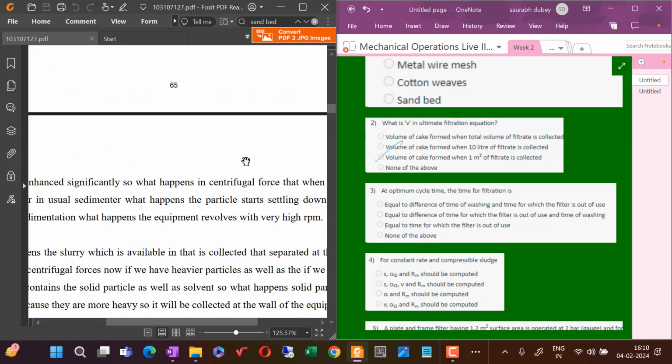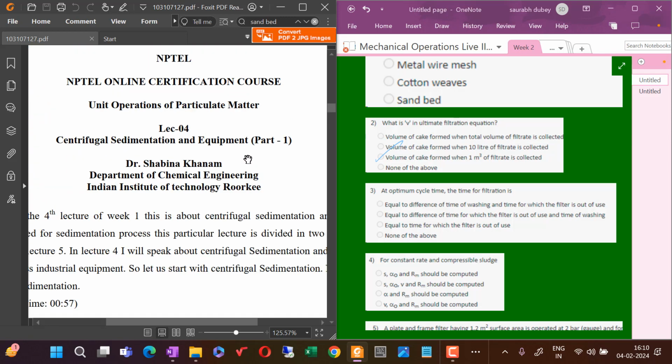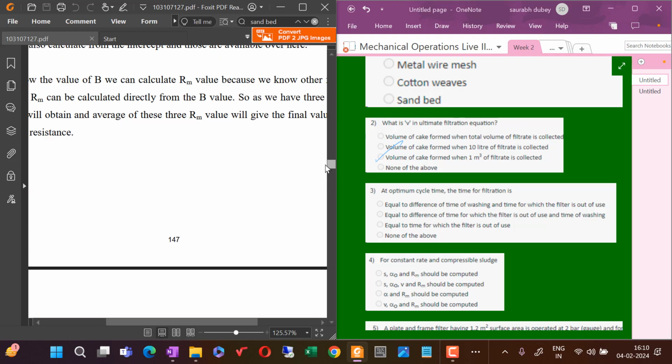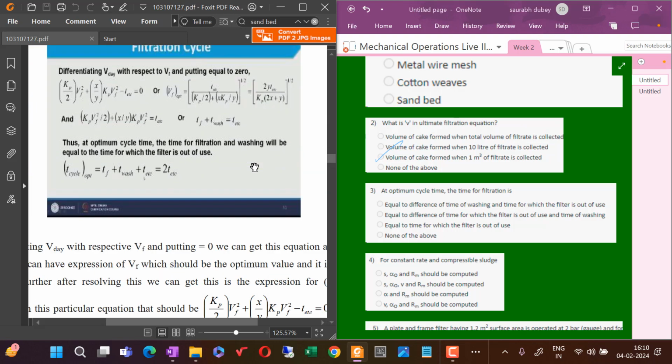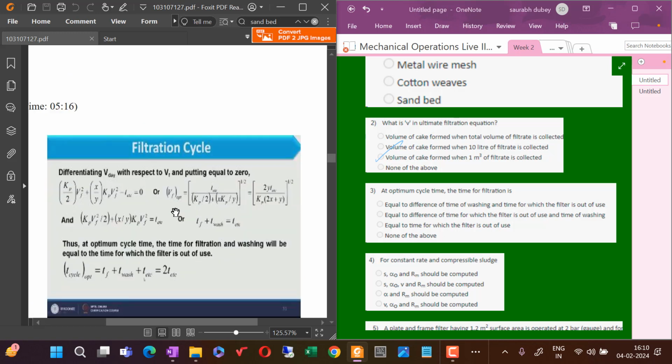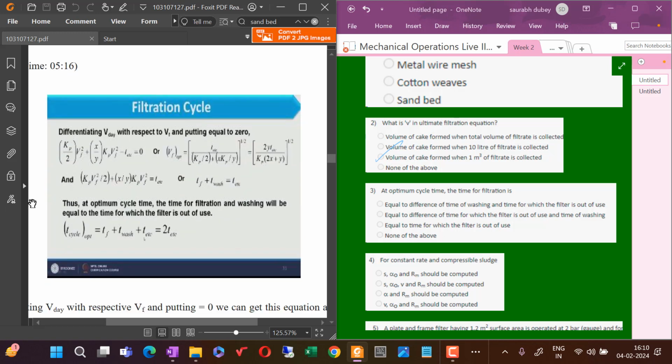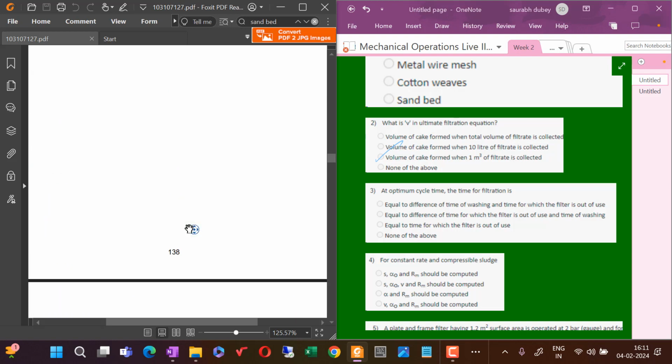But the most important was the filtration time, and when you looked at the filtration time, here V day is calculated like this. Let me tell you.